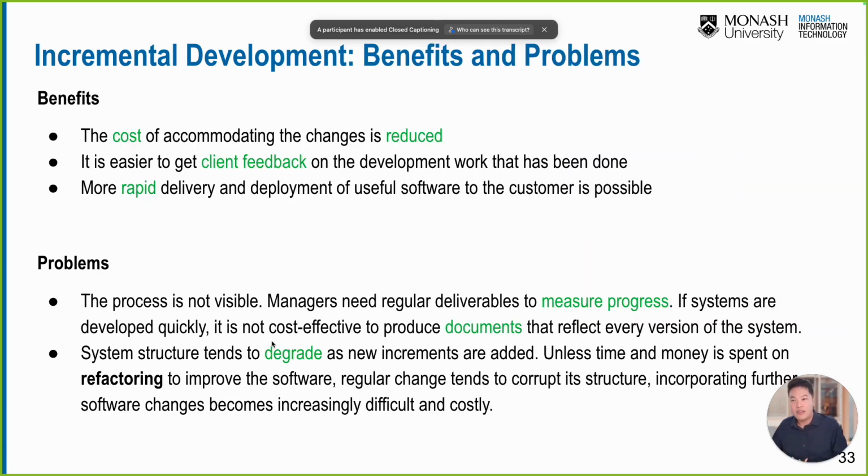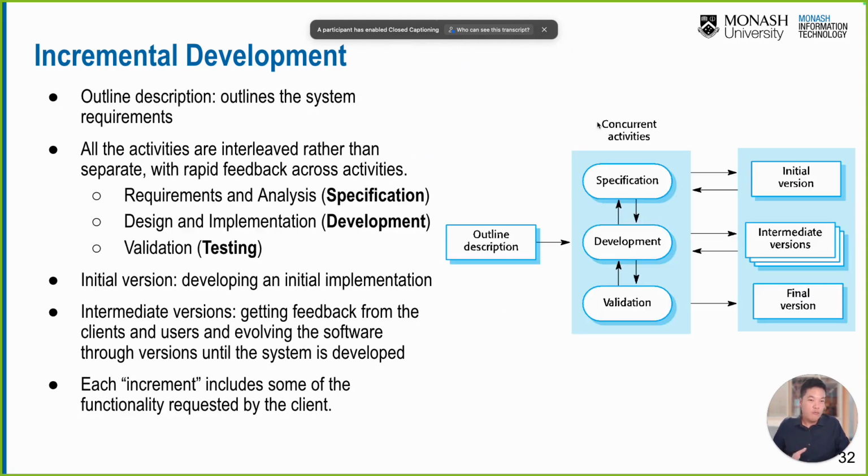Next, for the incremental development, there are some pros and cons. In terms of the benefits, we can reduce the cost of accommodating changes in the requirement. It is easier to get client feedback, because we work in increments.